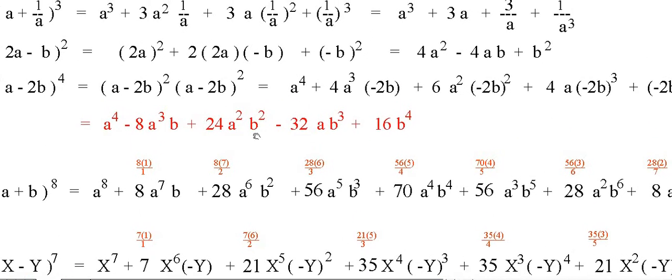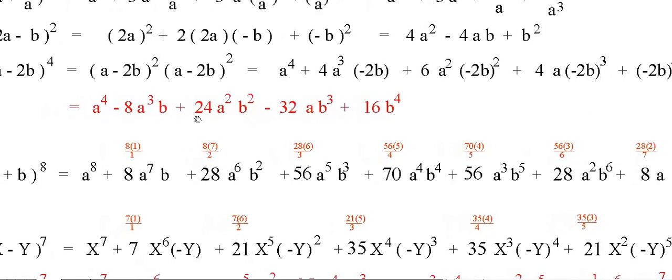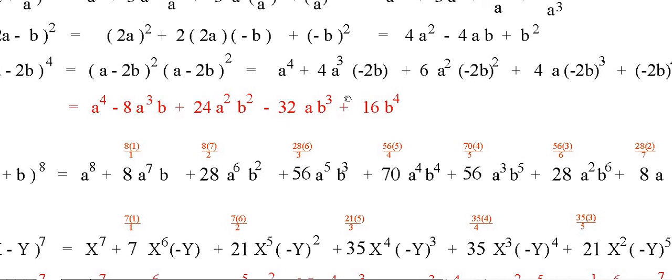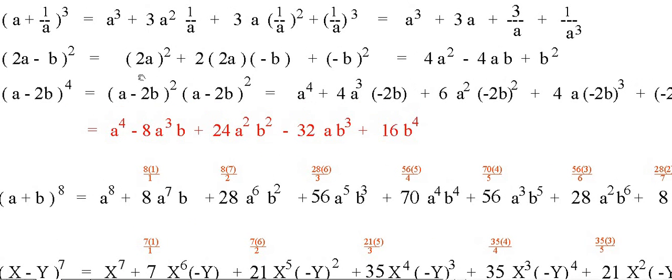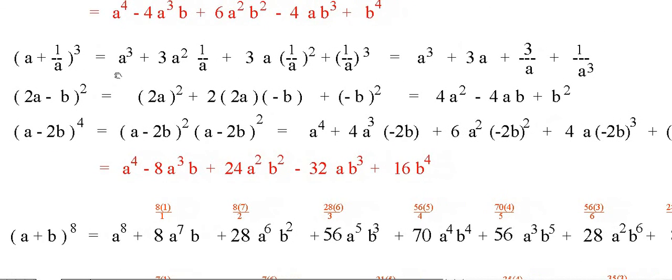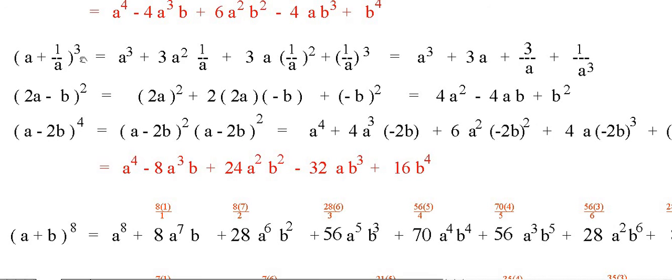In a binomial expansion with exponent 4, the number of terms is 5. 1, 2, 3, 4, 5. There are 5 terms. In a binomial expansion with exponent 2, the number of terms is 3. Exponent plus 1, or 3. 1, 2, 3. And binomial expansion with exponent 3, the number of terms is 4.